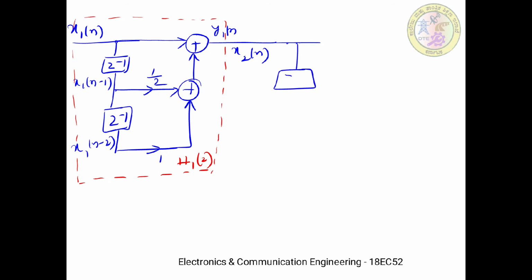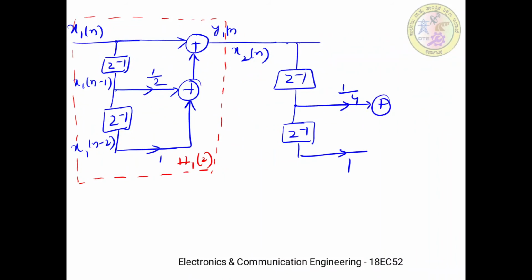So drawing the direct form structure in the same method, I have z inverse and z inverse. Then this is multiplied by 1 by 4 according to the problem, and this is multiplied by 1.